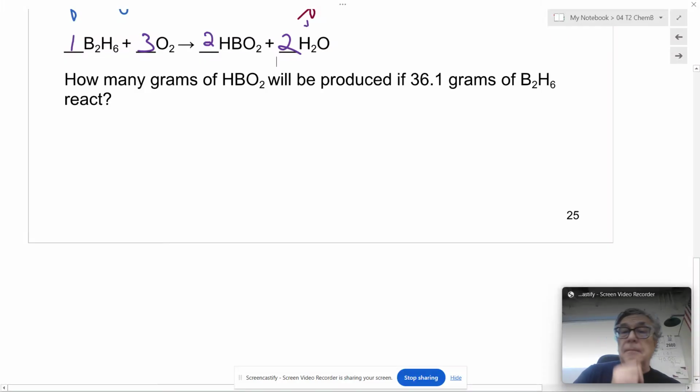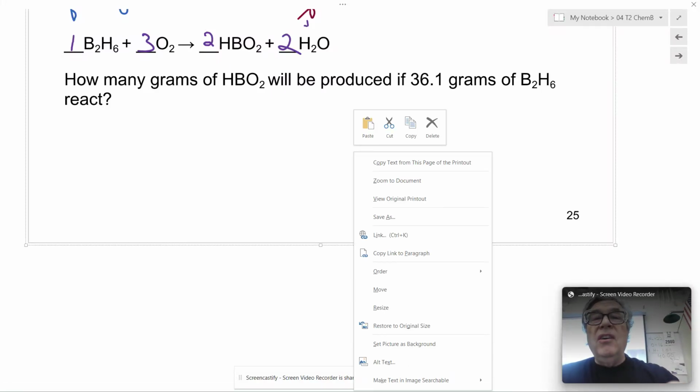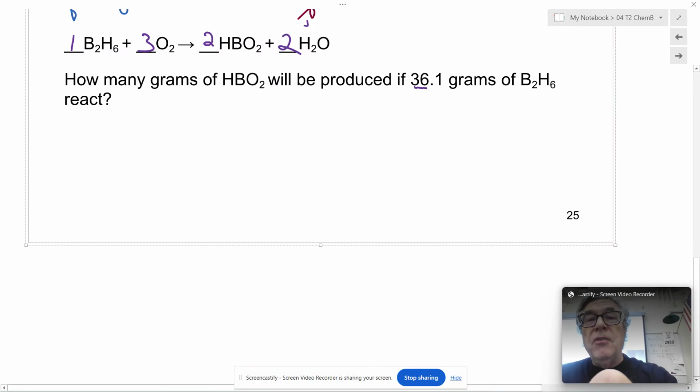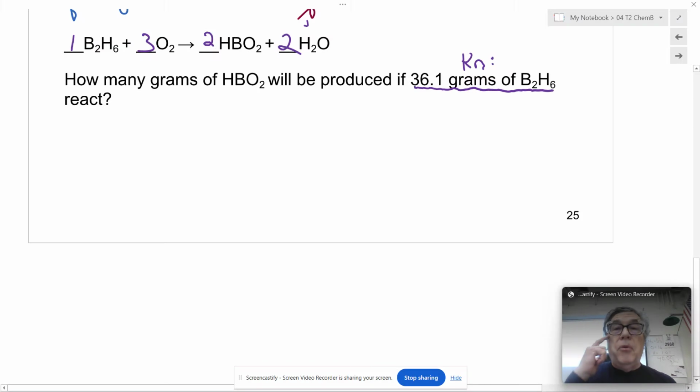The second thing to do is to identify, and you get a point for doing this, what it is you are starting with in the problem. Here you are starting with 36.1 grams of B2H6. That is the stuff we know at the beginning of the problem.